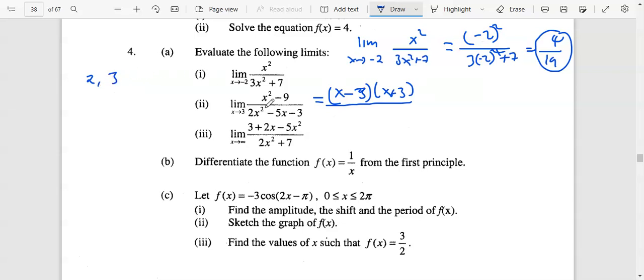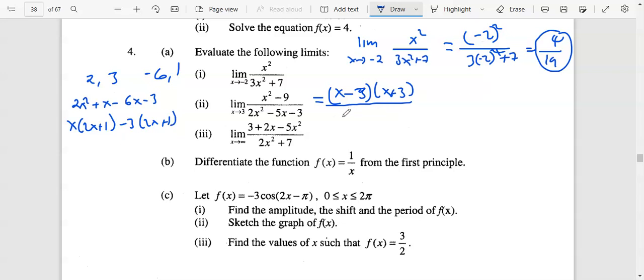Now, if you use 2 and 3, you are not going to get that sum. So you're supposed to get 6 and 1, so that you use a negative 6. So this is going to be 2x squared plus x minus 6x minus 3. So this is going to give us x(2x plus 1) and then negative 3(2x plus 1).